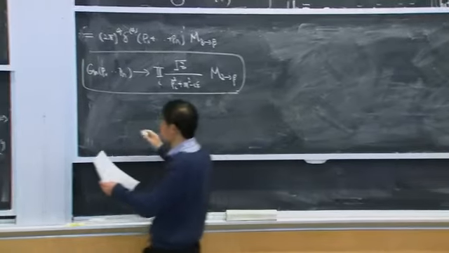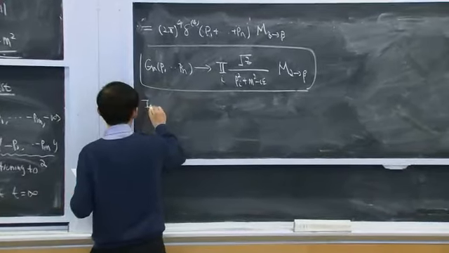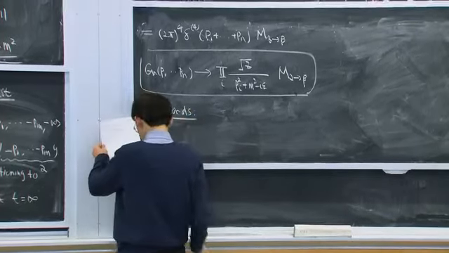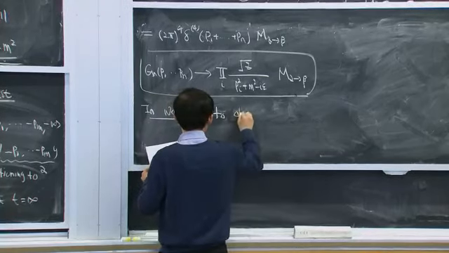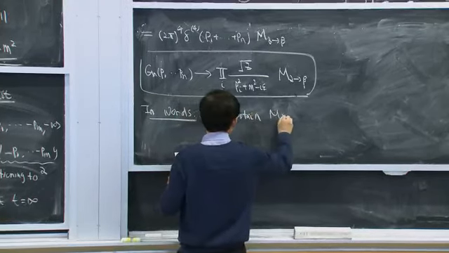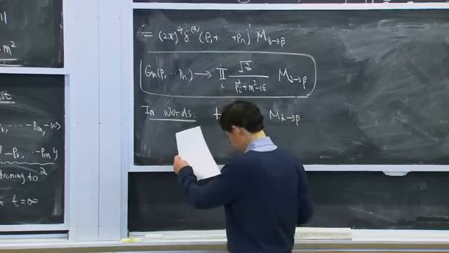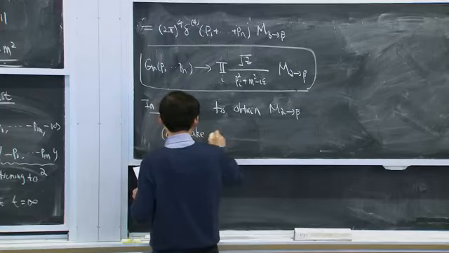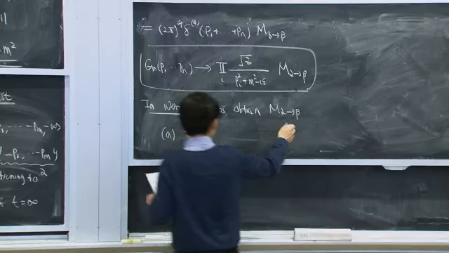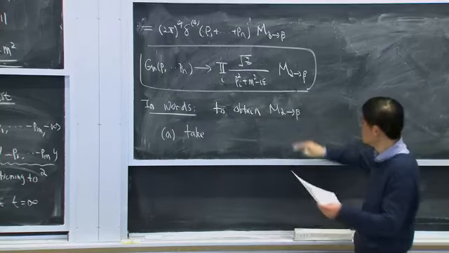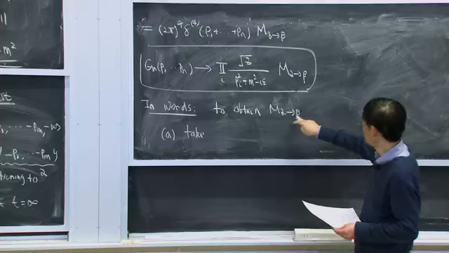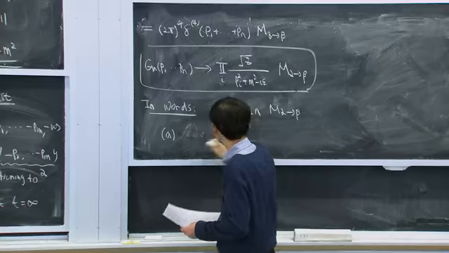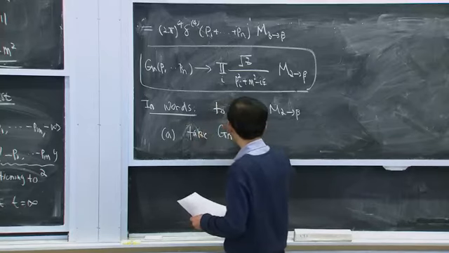So let me just write it in words. To obtain the scattering amplitude M alpha beta, first suppose the total number of initial and final particles is n. You first calculate Gn for n particles.